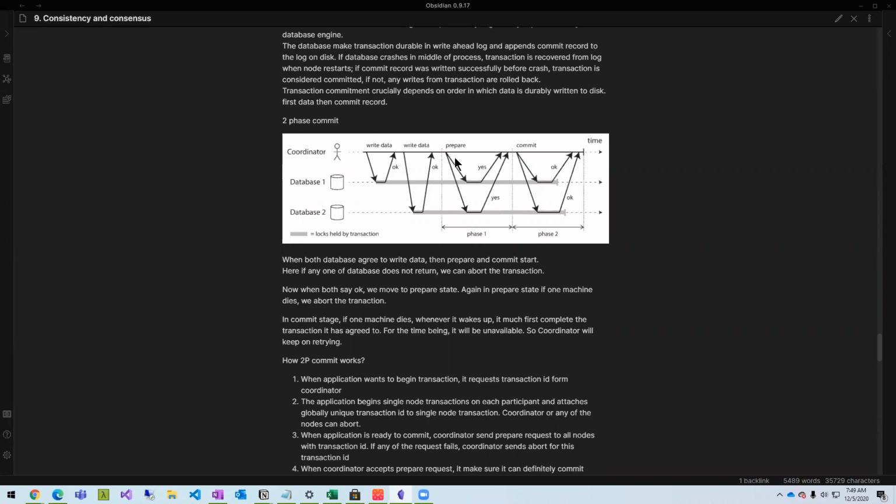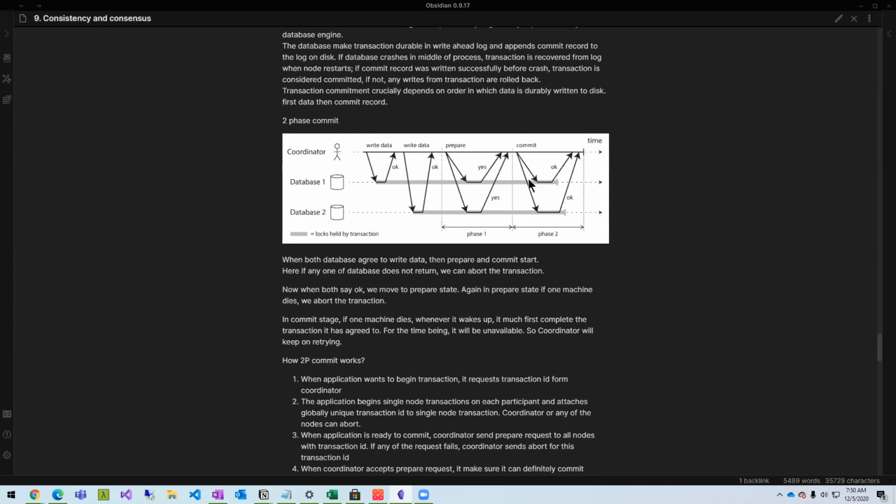So that means that once both the databases have written the data, this row is still not available, it's locked. And once they have replied yes to the prepare stage, these database nodes are still not sure whether the data will be committed or not, because it could have happened that this node replied yes and this node replied no, then the coordinator's decision would have been abort, and in that case they would have to abort and roll back their transaction.